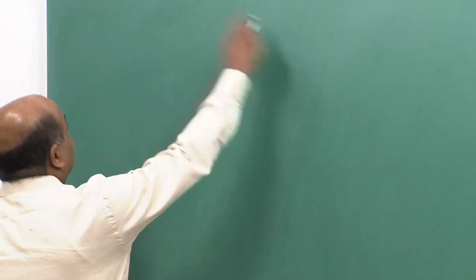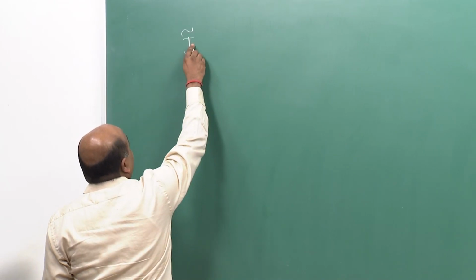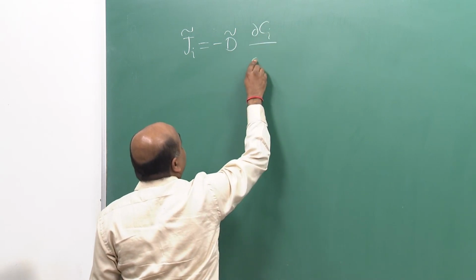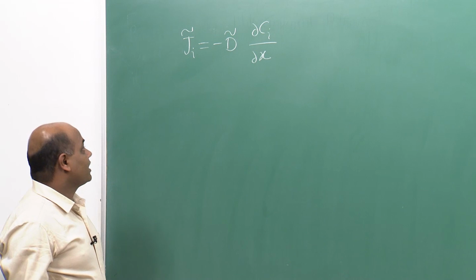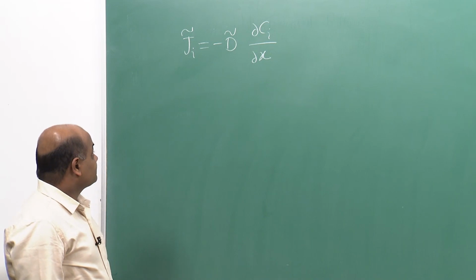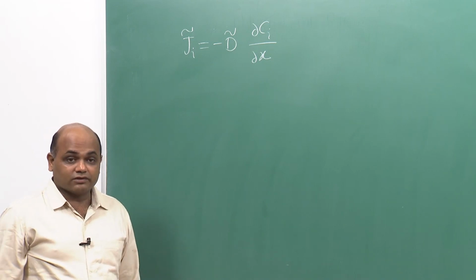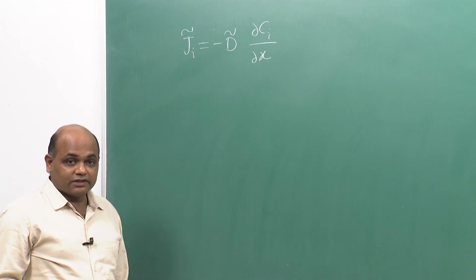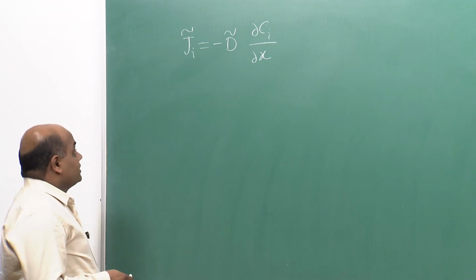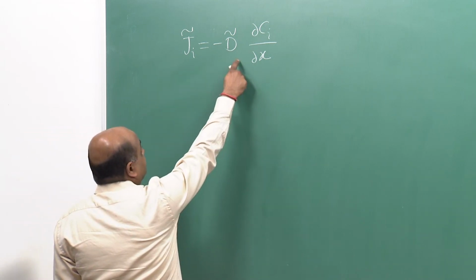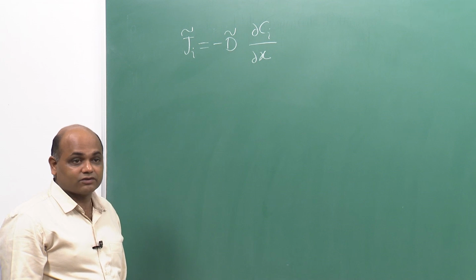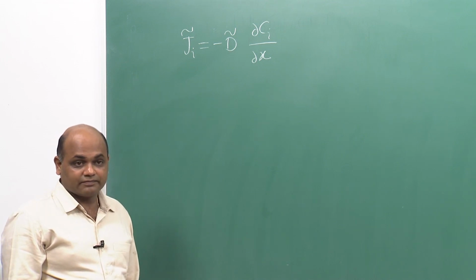So, if we write Fick's law for a binary system, we write J I tilde, where the tilde sign again denotes that we are talking about interdiffusion or intermixing, or diffusion along strong concentration gradients. J I tilde, the interdiffusion flux of I, is equal to minus D tilde times the gradient of concentration of I with respect to the distance coordinate, dou C I by dou x.